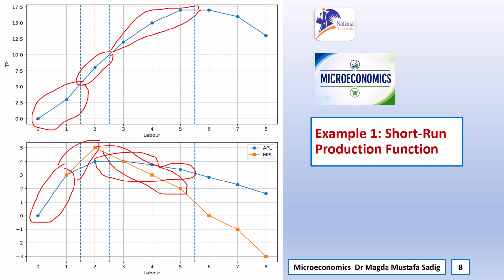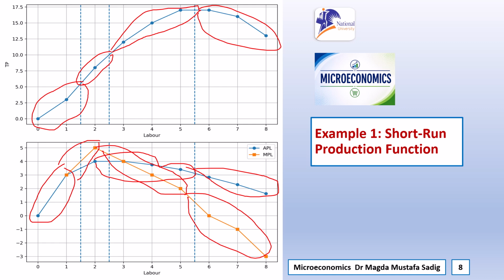Stage 3, when total product starts to decline, also average product of labor declining, and marginal product declines until it reaches zero and negative, and it is smaller than average product. So in this stage, total product starts to decline, average product continues falling, marginal product becomes negative. Why? Because there are simply too many workers sharing the same fixed resources.